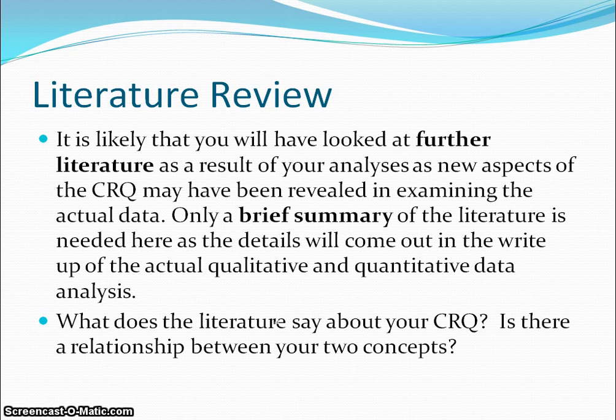And in relation to those conclusions, have you found literature that says something, that explains your central research question? Have you looked at literature which shows a relationship between your two concepts? So how is this literature supporting your central research question, supporting your analysis as you've gone through Sections B and C, and supporting and being linked into Section D? And it's an overview of that literature that you're providing for us in Section A.